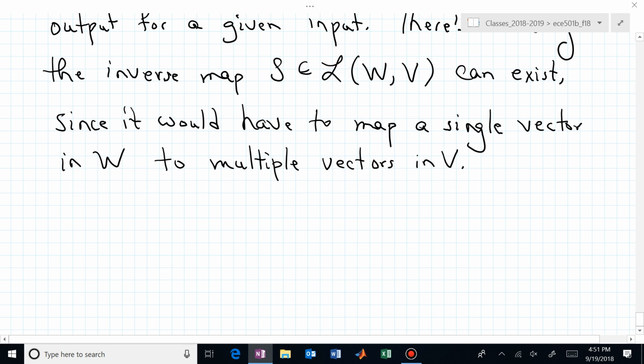Likewise, it has to be surjective. So let's look at what a non-surjective map would give us.